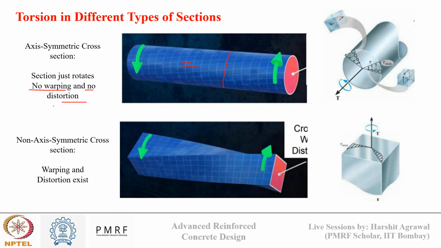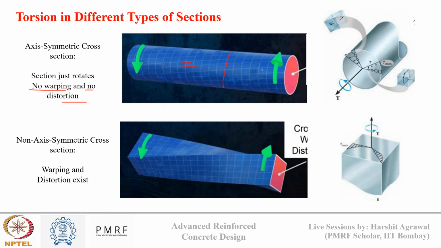Warping means out of plane displacement of a cross section along the axis of the torsion. Here, since the cross section is just rotating, there is no out of plane movement, so there is no warping. And distortion means change in the shape of the cross section. Since there is no shape change, there is no distortion either; the section is just rotating.